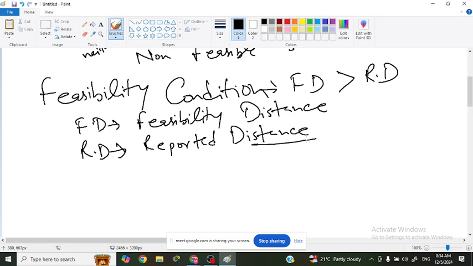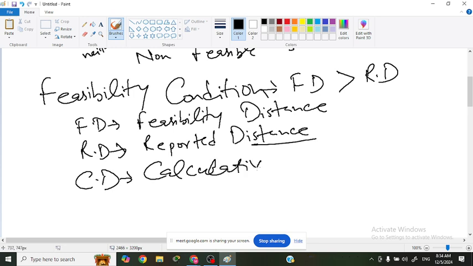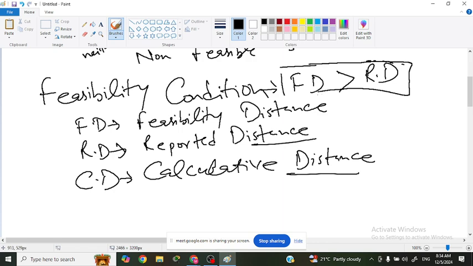Guys, is it clear? Yes, sir. Okay. There are three kinds of distance. One is FD, feasibility distance. The second one is reported distance, RD, and the third one is CD, calculated distance. This is a very important formula: FD should be greater than RD.